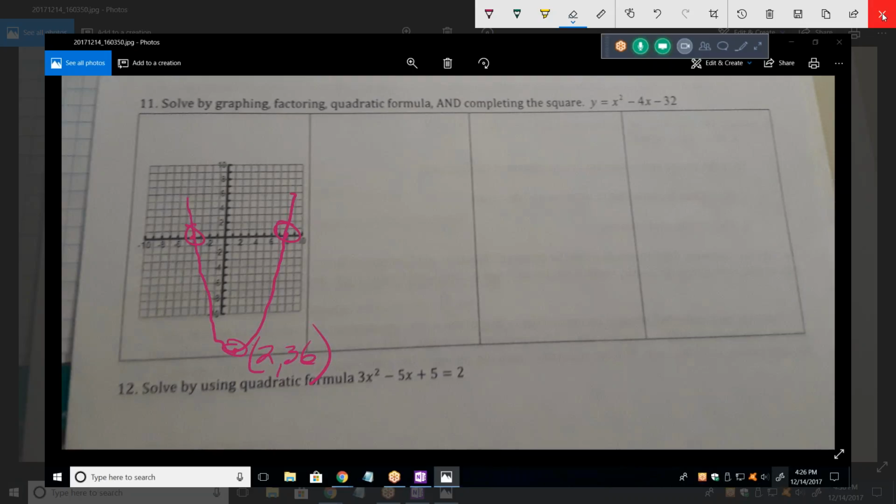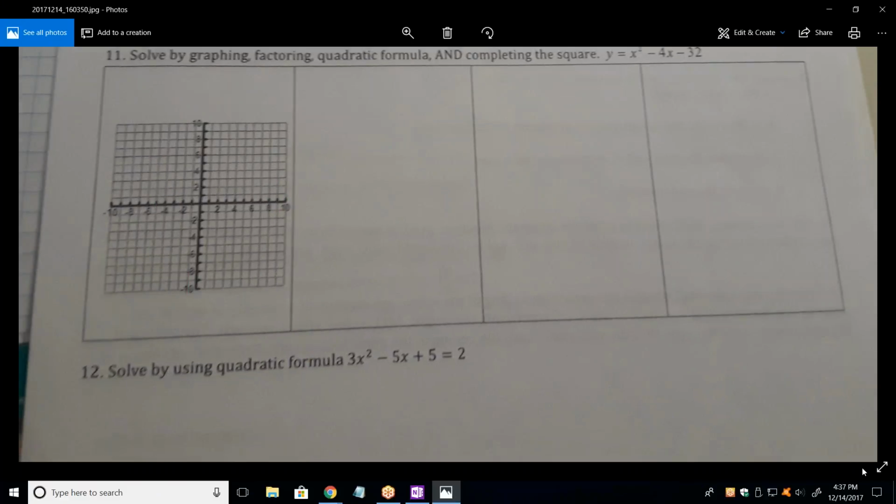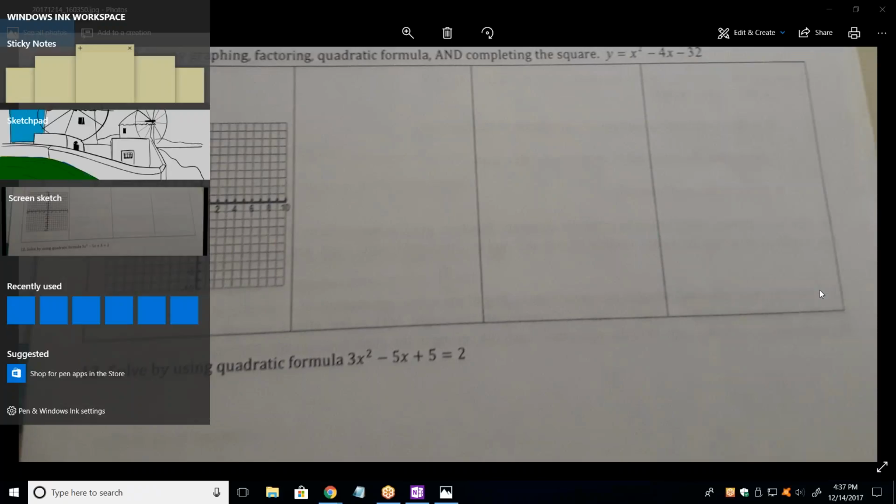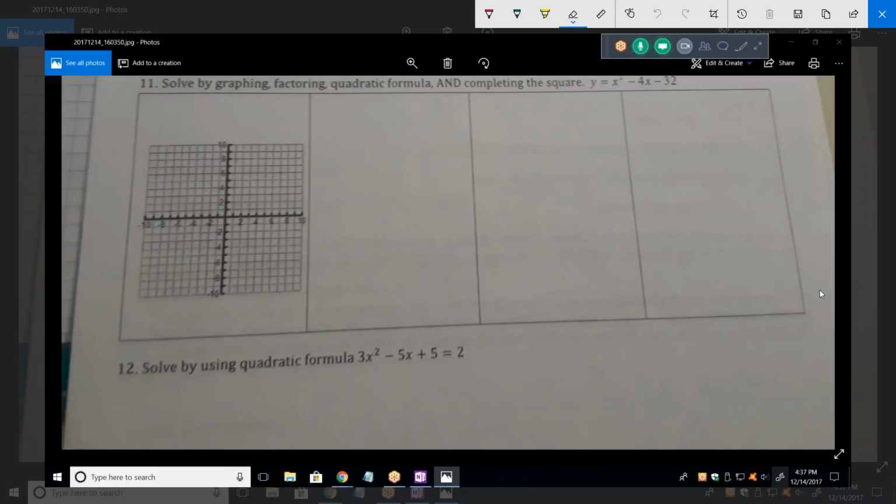All right. Okay, apply the quadratic formula to this. Start by telling me a, b, and c. So a is 3, b is negative 5, and then c is 5. c is wrong.